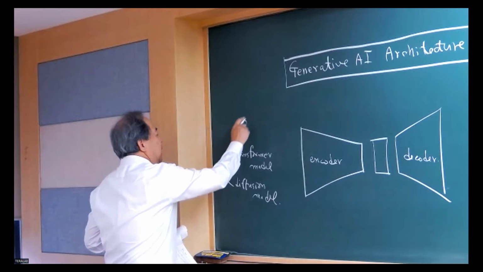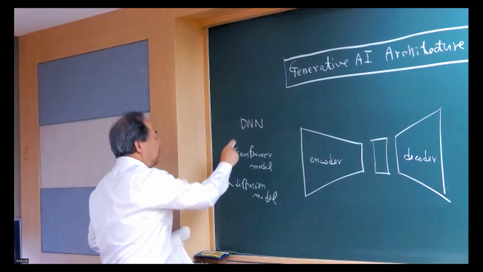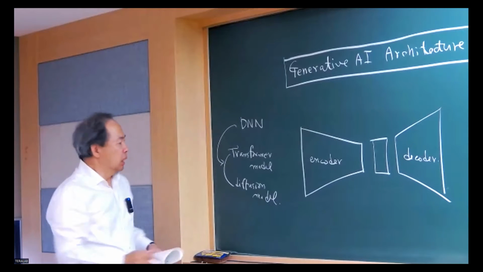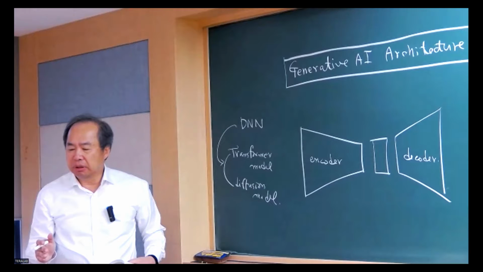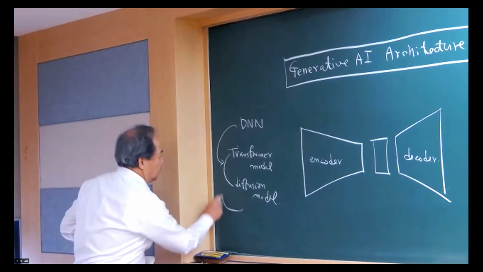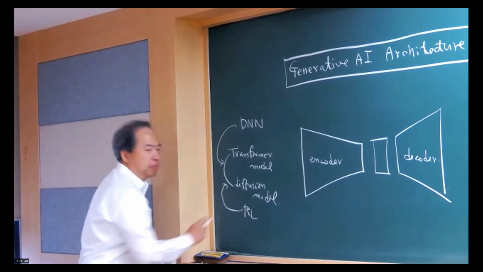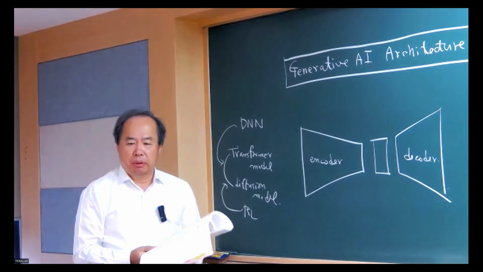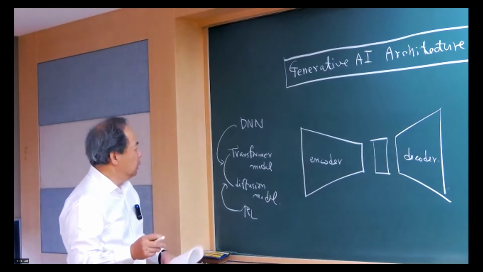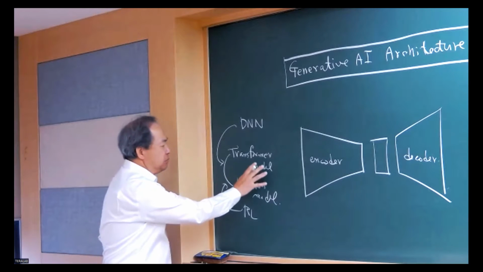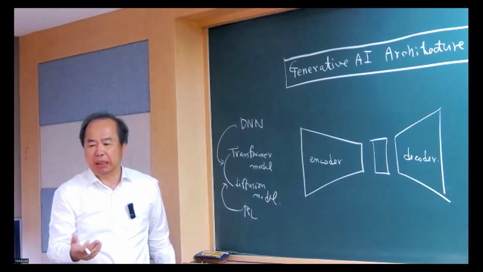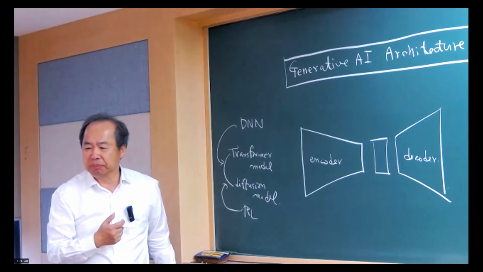In those cases, a DNN model can be combined together with this generative AI. At the end of your design, sometimes you want to optimize your circuit. Then you can use reinforcement learning. So in this class, as a term project, you may combine this kind of generative model with DNN and reinforcement learning to complete your design and optimization.